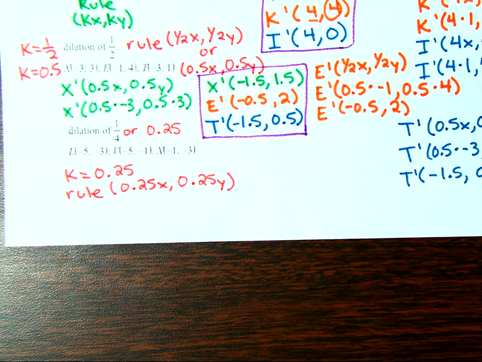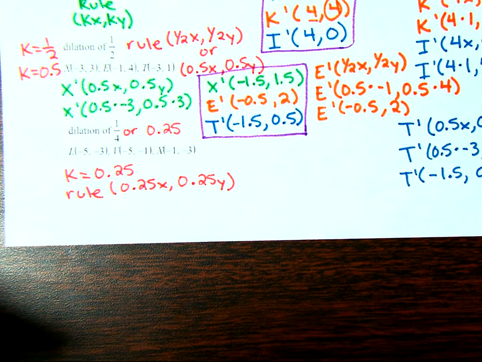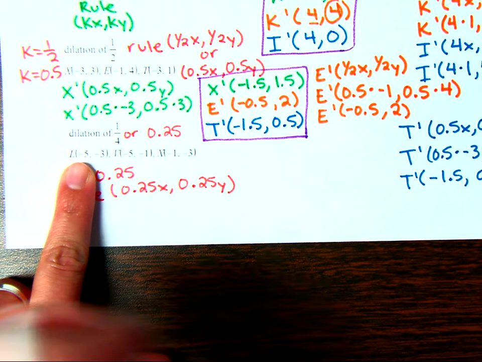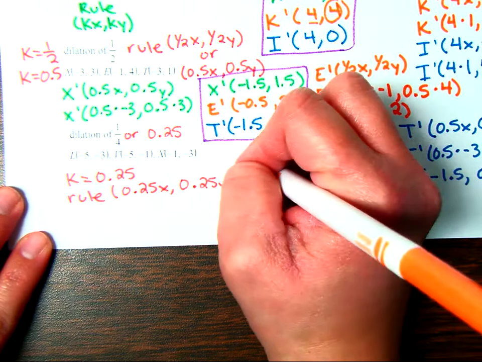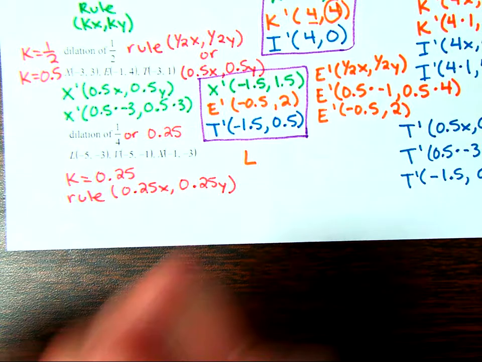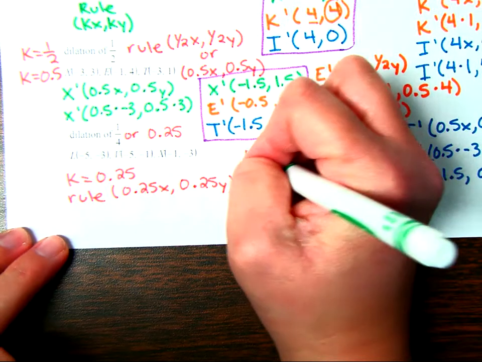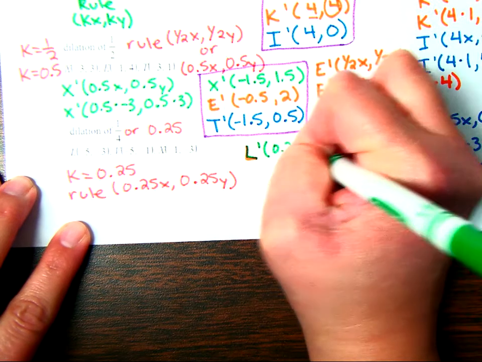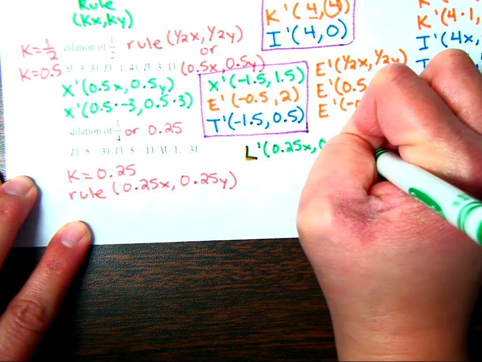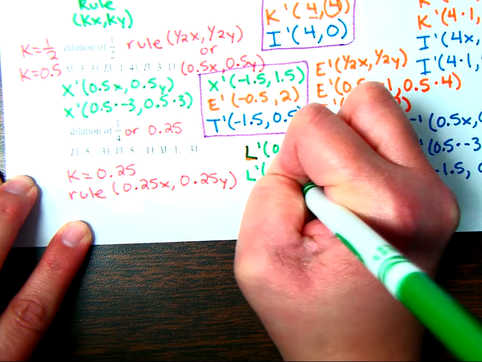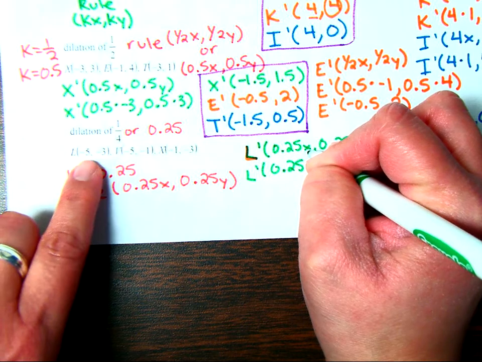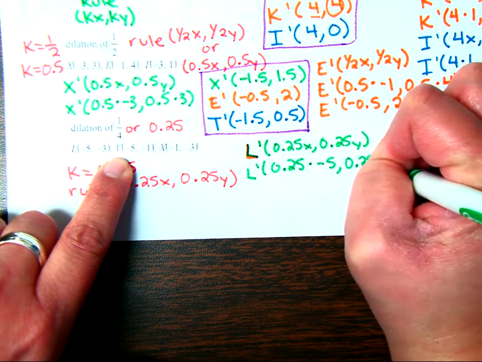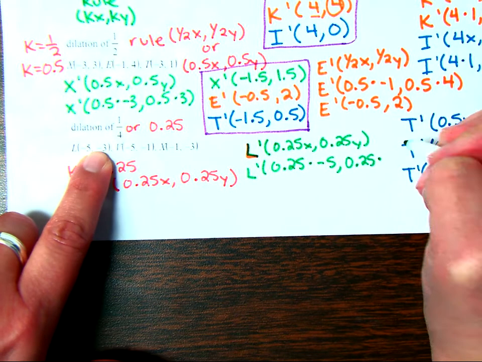All right. So now let's go ahead and look at these. We're going to look at one ordered pair at a time. So L is originally negative 5, negative 3. So if I want to find L prime, oh, I started with green. Let's keep it consistent for y'all. So L prime, we're going to start with our rule, 25 hundredths x, 25 hundredths y. Now I'm going to show my work. 25 hundredths times x, well, my original x is negative 5, and 25 hundredths times my original y was negative 3.